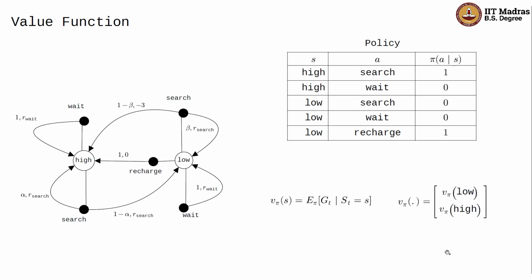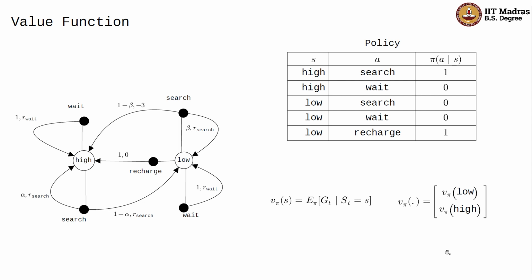Finally, what we need to compute is the value function. The value function is the expected return starting from state S and following policy pi. In this case, you have 2 states. So your value function, if you treat it as a vector, will have 2 entries, one corresponding to state low, that's v pi of low, and one corresponding to state high, which is v pi of high.